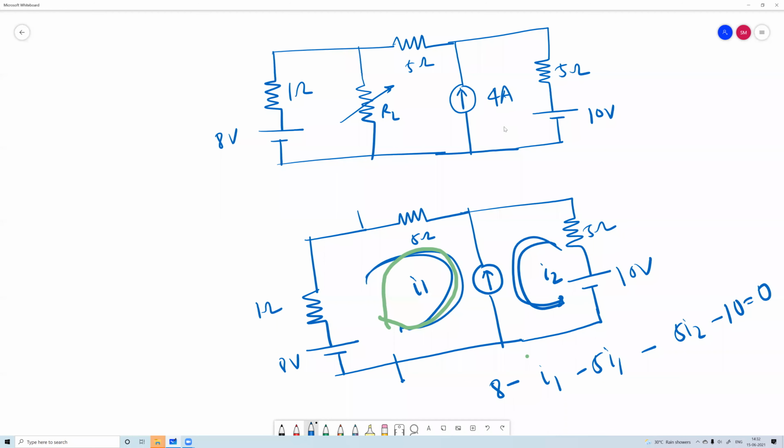So we can write this for the outer loop because we have a supermesh here, since there is a current source joining it, 4 amps. So minus 2 equals 6I1 plus 5I2. Are you getting this?